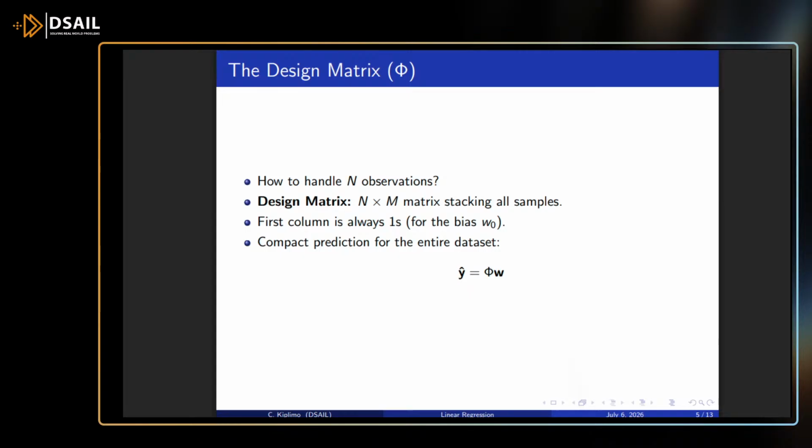N was the number of samples, all right? So basically you end up with an output of size n, telling you that you've made a prediction for each and every one of the samples.